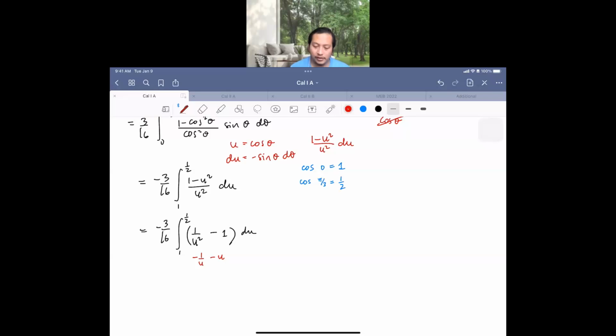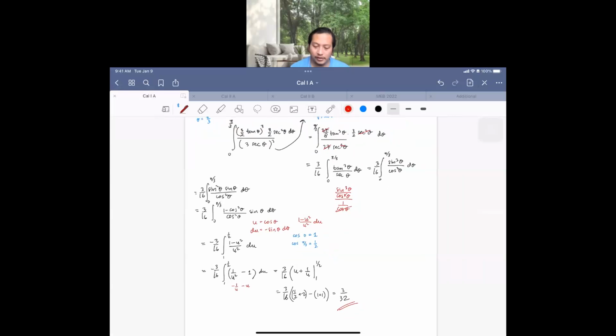And because it's all negative, we can write the positive, and then this will be u plus 1 over u from 1 to 1 over 2. So we have half plus 2 minus 1 plus 1. So we have half, so 3 over 32.